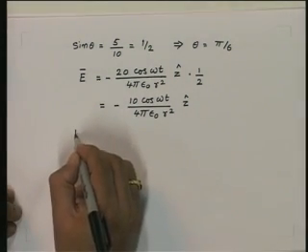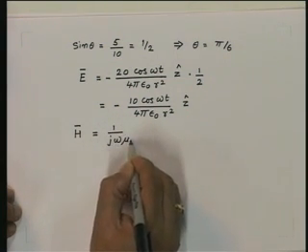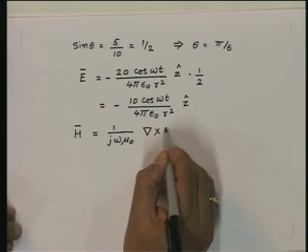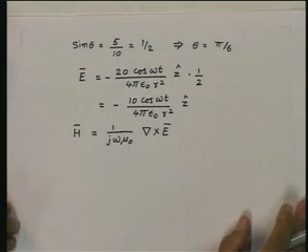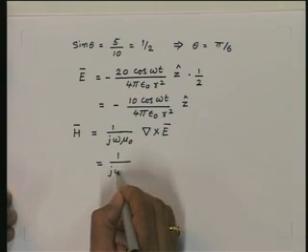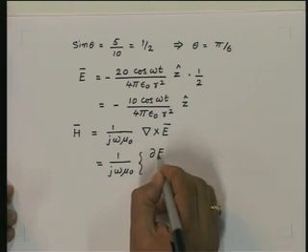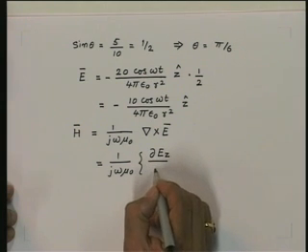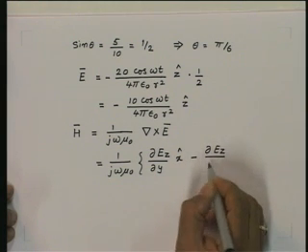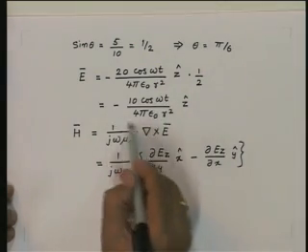So, essentially we get now H, which is 1 upon j omega mu naught, where mu naught is the permeability of the medium, times del cross E. If I write down the curl for this, that will be equal to 1 upon j omega mu naught times dEz by dy x cap minus dEz by dx y cap, where Ez is this quantity here.